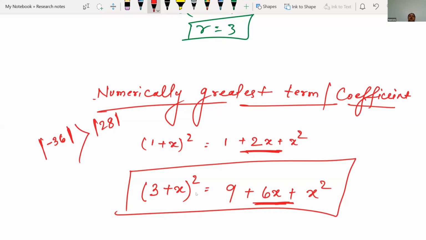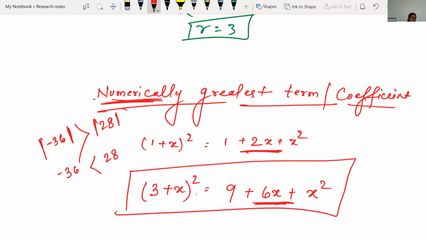Otherwise, algebraically, with the concept of integers, we can say minus 36 or 28, which one is bigger? This one is bigger. So numerically, whenever this word is there, that means which value is bigger. Forget about the sign. So this is the meaning of numerically greatest coefficient.